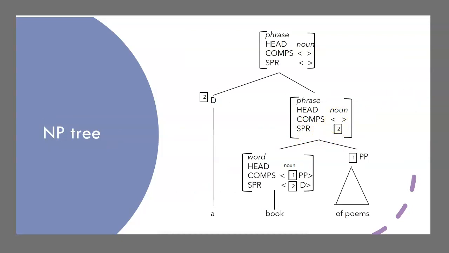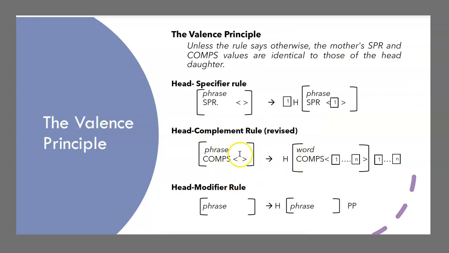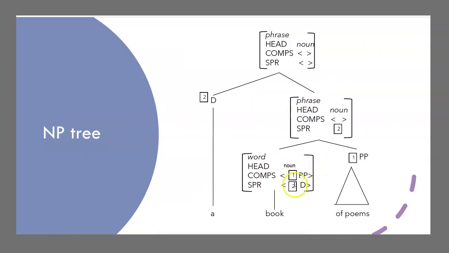And the head complement rule doesn't specify anything about specifiers, so the valence principle applies. By the valence principle, whatever the head daughter has should be copied. So that is copied, by the valence principle.